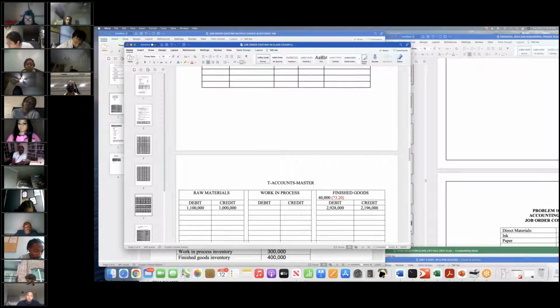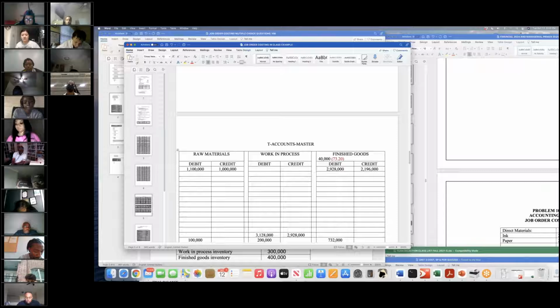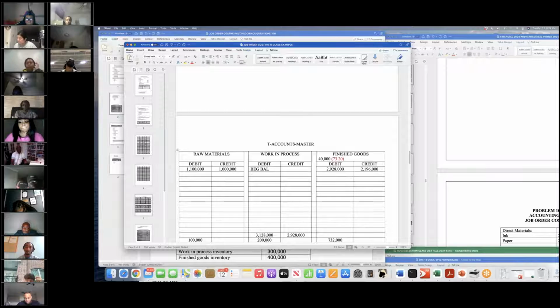in work in process, you have, first of all, always a beginning balance. Then you have the raw materials that you bring in, so I'm just going to put RM.